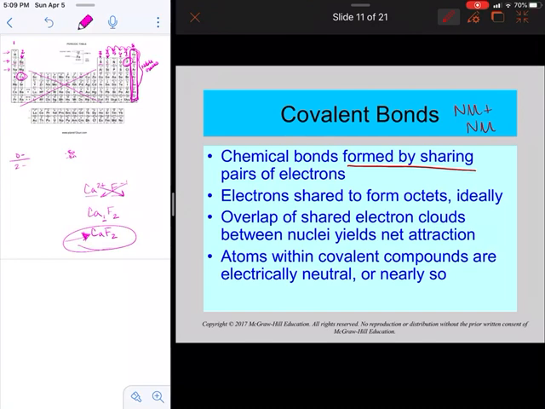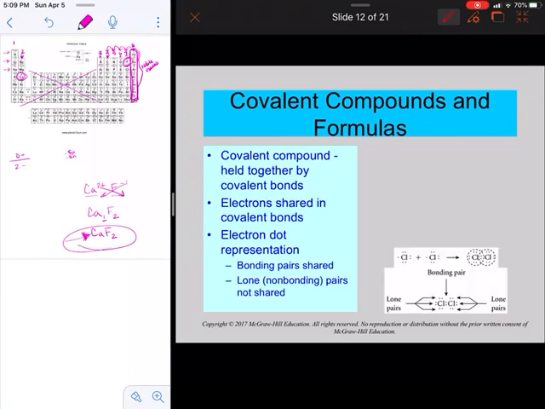And they are kind of cool because they are formed by sharing their electrons in order to obtain that octet rule. Basically what they do is they overlap the shared electrons and become electrically neutral that way.